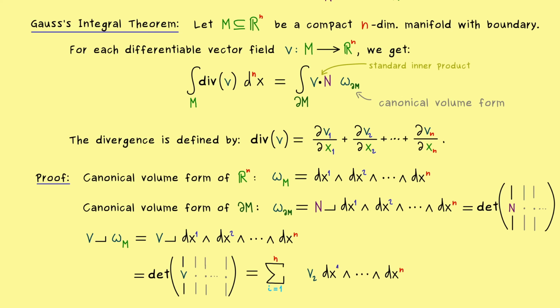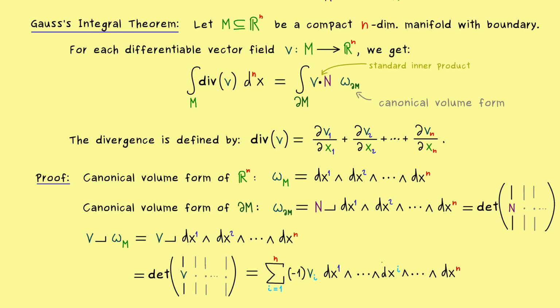Hence there dx1 is there, but dx2 is missing. And moreover, you also know that we have a minus sign included. And now you should see it's not hard at all to make this into a general formula where we have Vi. There we just have to say that the dxi component is missing in our wedge product.